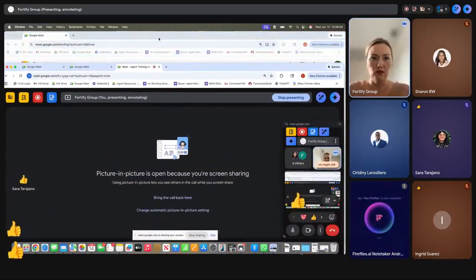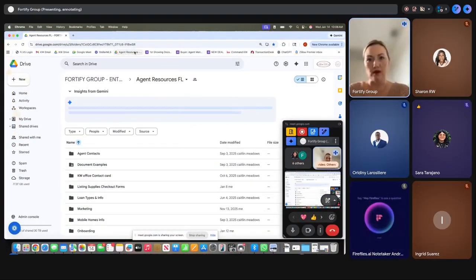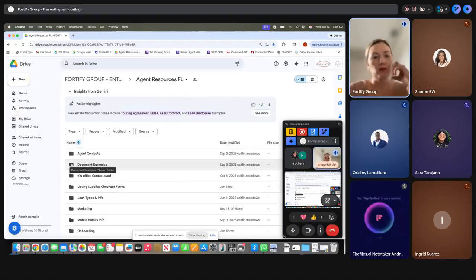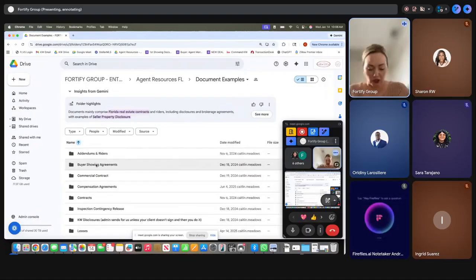Perfect. So we are going to start in Agent Resources like we do so often. And I'm going to pull up the example. So when you're sitting down to write a contract, I want to just quickly remind you guys, of course, I'm here to write it with you as far as the edits, revisions. We want to discuss your specific parameters for your buyer.